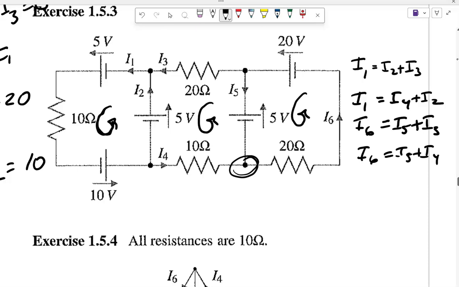Coming around this way, I hit this resistor, right? Coming around this way, I hit this resistor. That voltage drop is what? 10I1. I don't hit any other voltage drops, do I? So what does that have to equal?